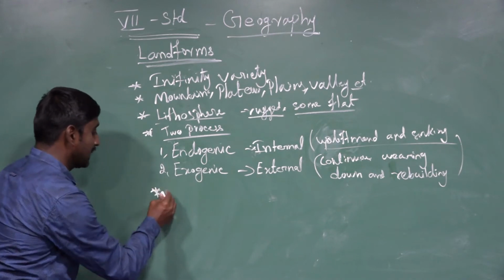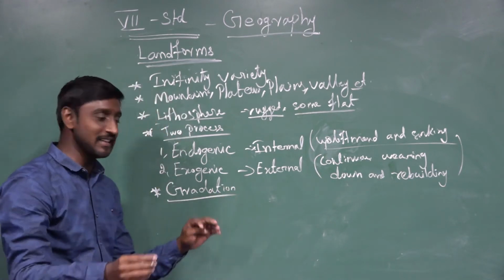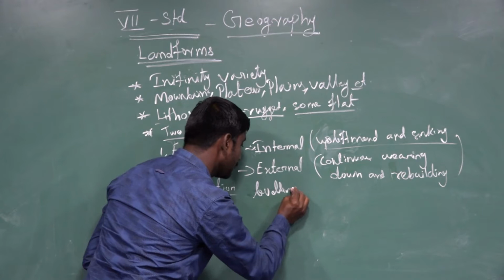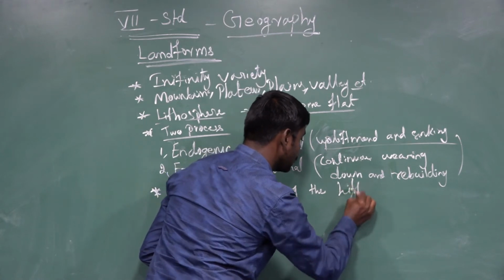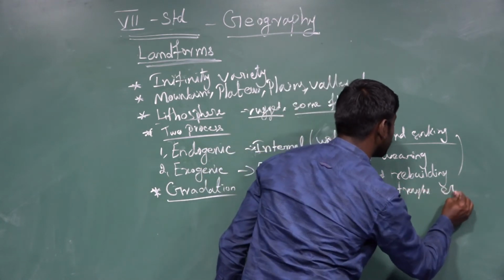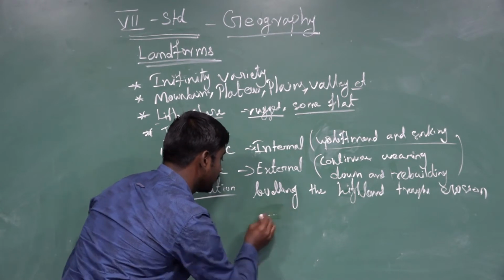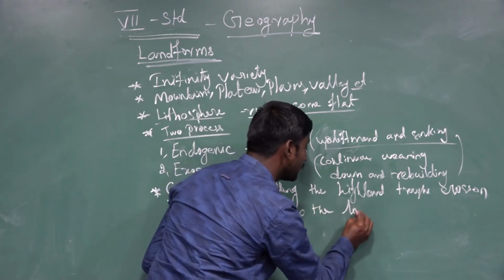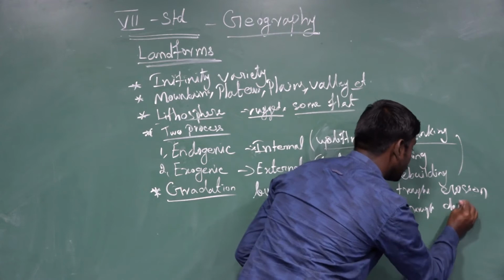Next is gradation. Gradation is the process of leveling the highland through erosion and upliftment, and filling up the lowland through deposition.